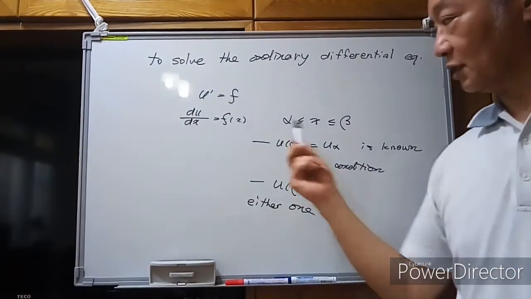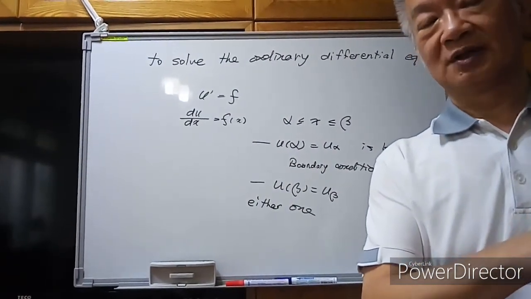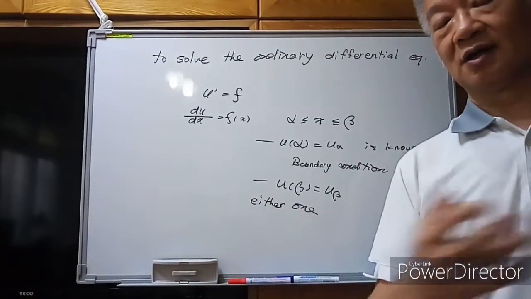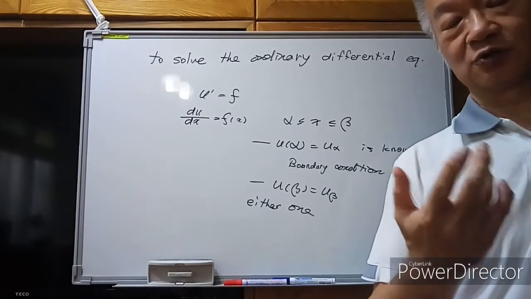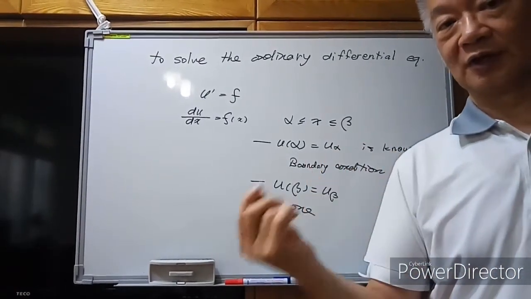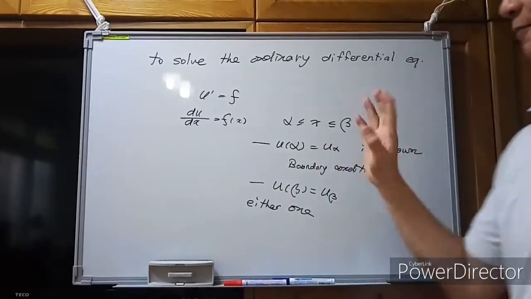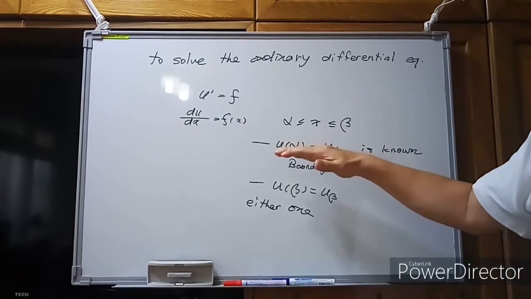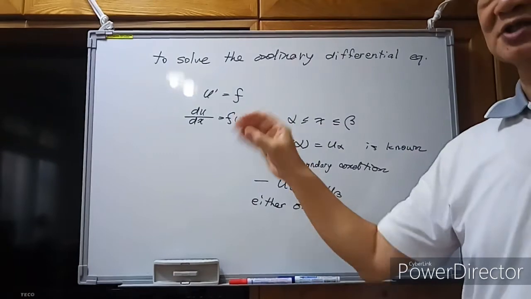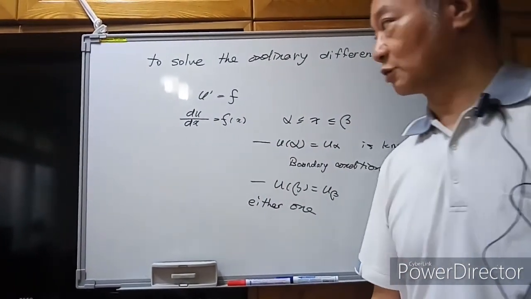Usually we know the solution function u only at one end, the function of u at the left end, or the function of u at the right end. Okay, so we have the boundary conditions, we have the governing differential equation, and we'd like to solve for the u of x function.